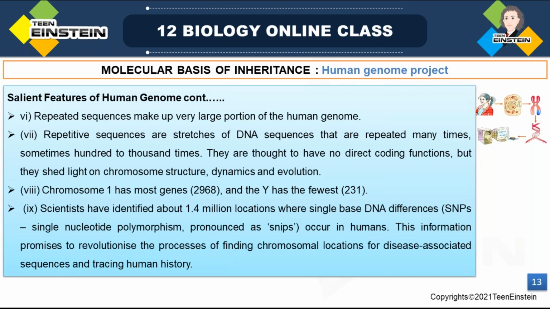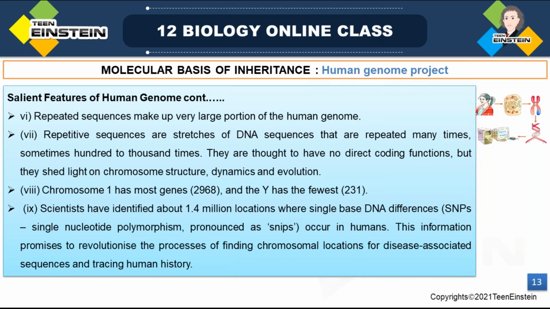So they got more information through this Human Genome Project, and they were able to identify the genes on a particular chromosome and the number of genes per chromosome. The Y chromosome has the least number of genes, around 231, and chromosome 1 has the most, around 2,968. Scientists identified 1.4 million locations with single nucleotide polymorphism, or SNPs.